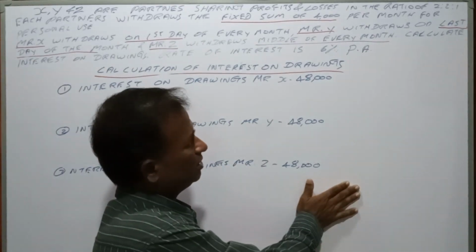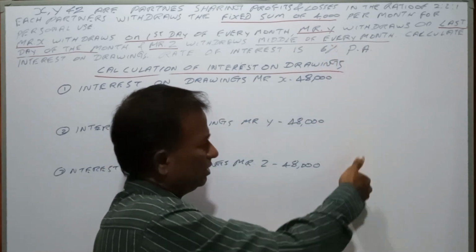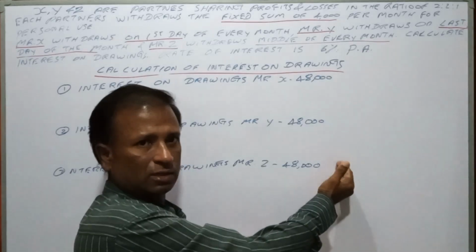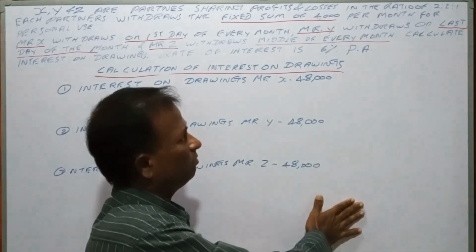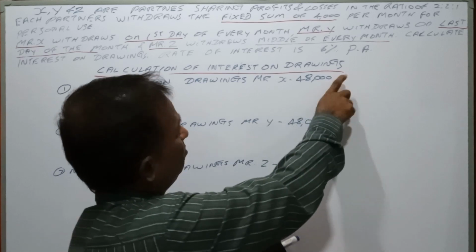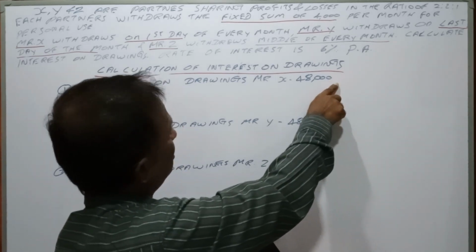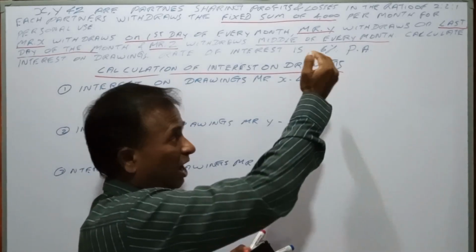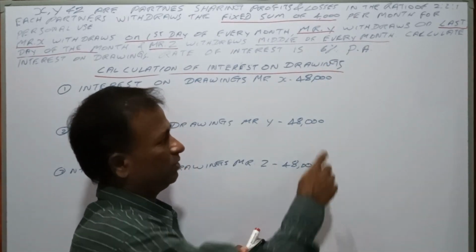But the difference between these three is that the balance is the same, but the drawings by X are at the beginning of every month, 4,000, right?